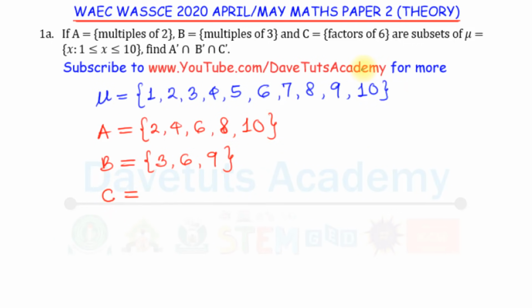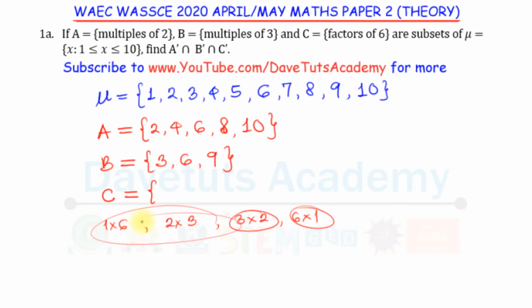And then C is the set defined as the factors of 6. So what are the factors of 6? We can have 1 times 6 to give us 6, 2 times 3 to give us 6, then 3 times 2 is still 6, and 6 times 1. But you can see these are just repetitive values of the first two, so it will suffice to just pick the first two.